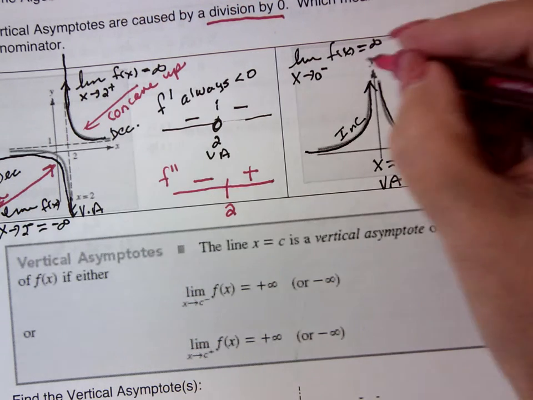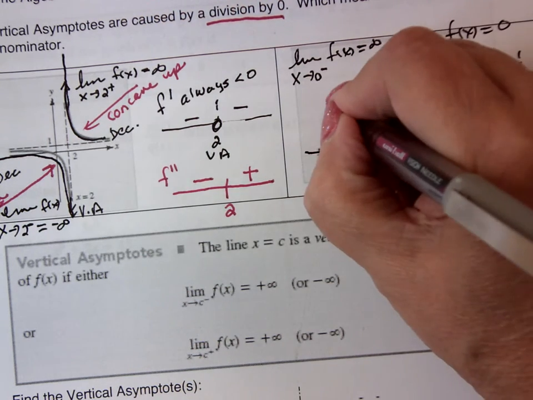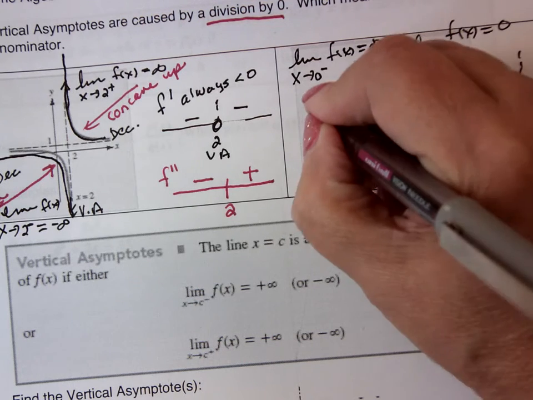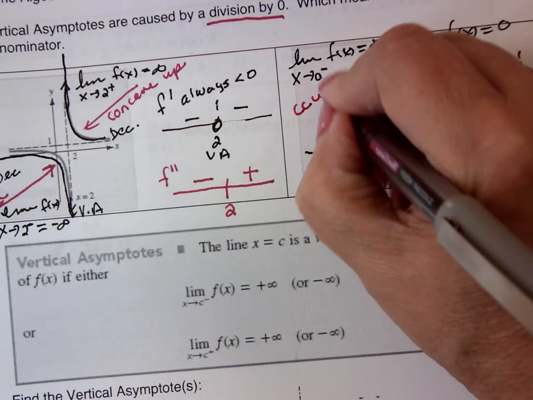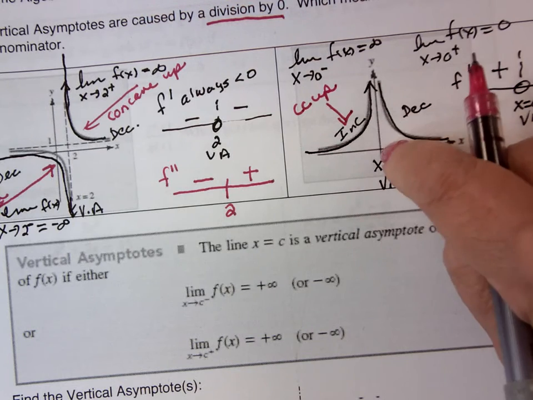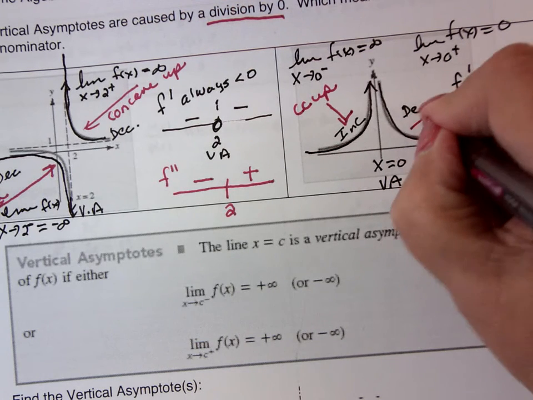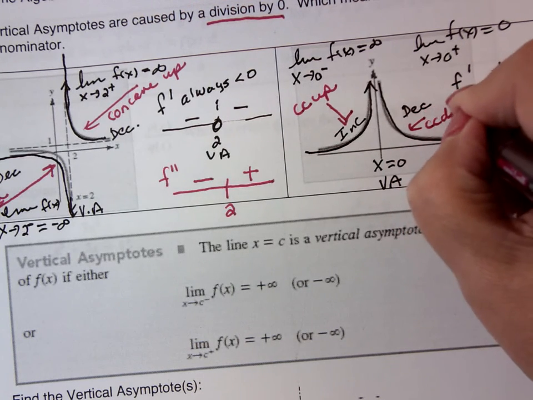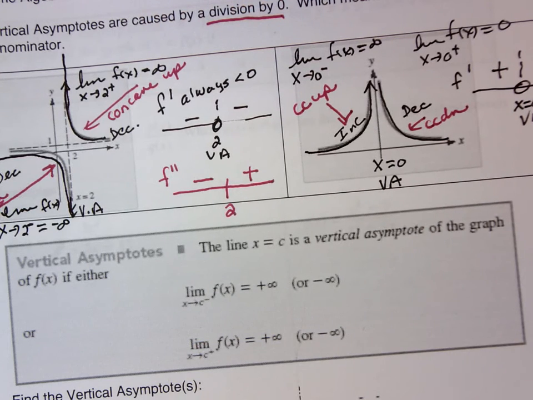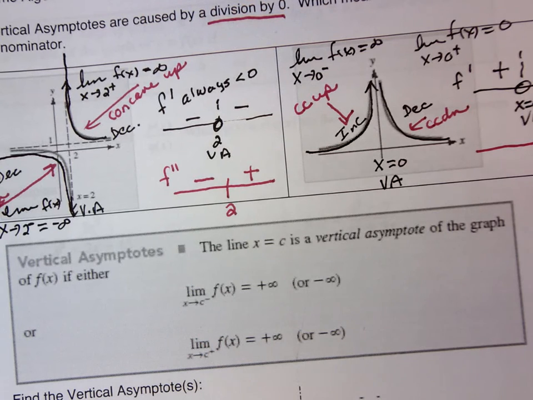Now if I look at the other piece that I know, and that is concavity, this guy is concave up till he gets to the VA, and then he is concave down after the VA. Oh, I'm sorry, he's not concave down, is he?